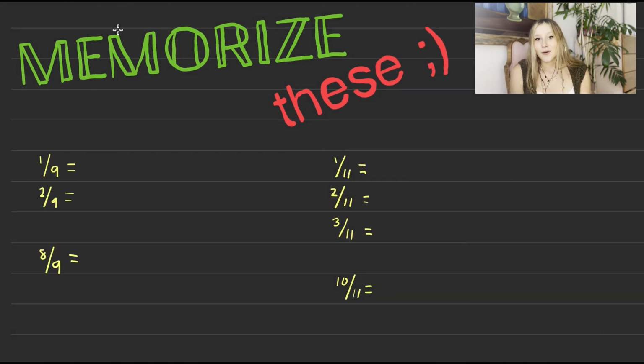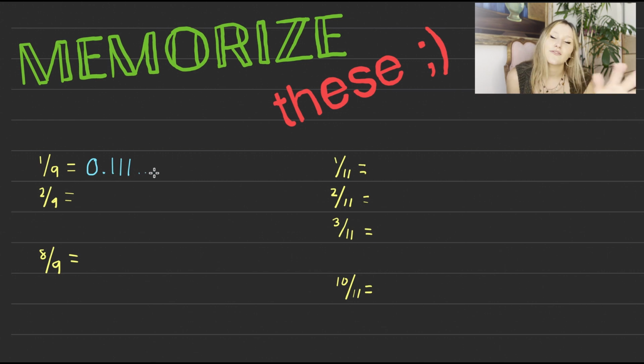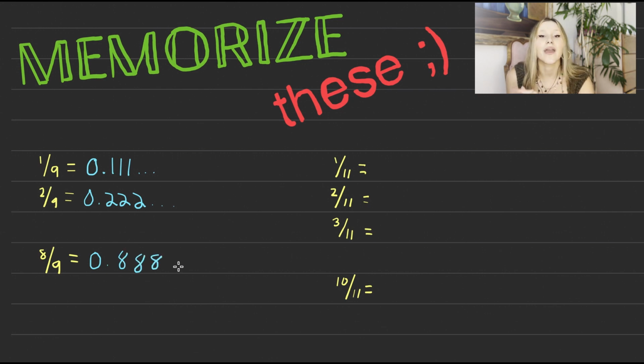Okay, also we have fractions that you should just be able to recognize here. Okay, so for the fractions over 9, we want to repeat the numerator infinitely many times. For example, we have 1/9 is equal to 0.11111, and so on all the way to 8/9 being 0.88888. Boom.